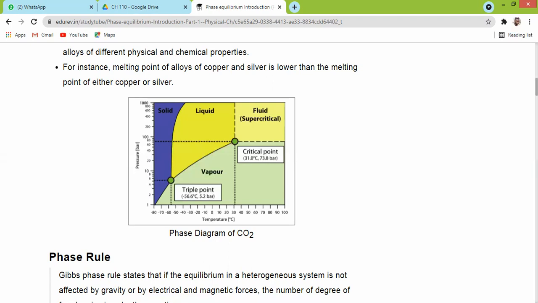So this diagram can help you understand what happens to your molecule of interest when you lower the pressure, increase the temperature, or reduce the temperature and the pressure. This phase diagram can also help you understand how you can extract oxygen from the air that we breathe.